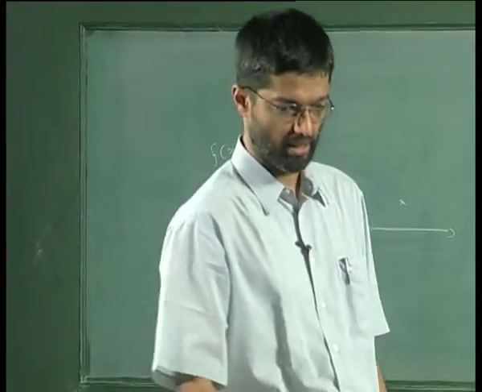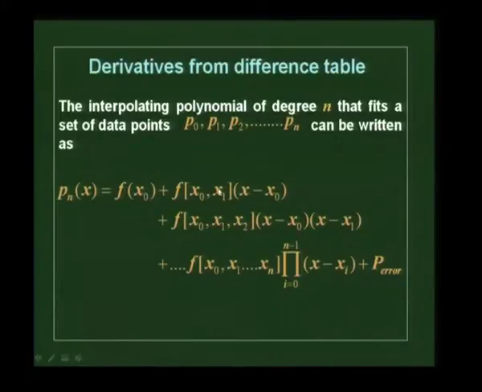Okay, so, to summarize, given a set of data points, we know how to construct a polynomial of order n which passes through these n plus 1 points, from x0 to xn.